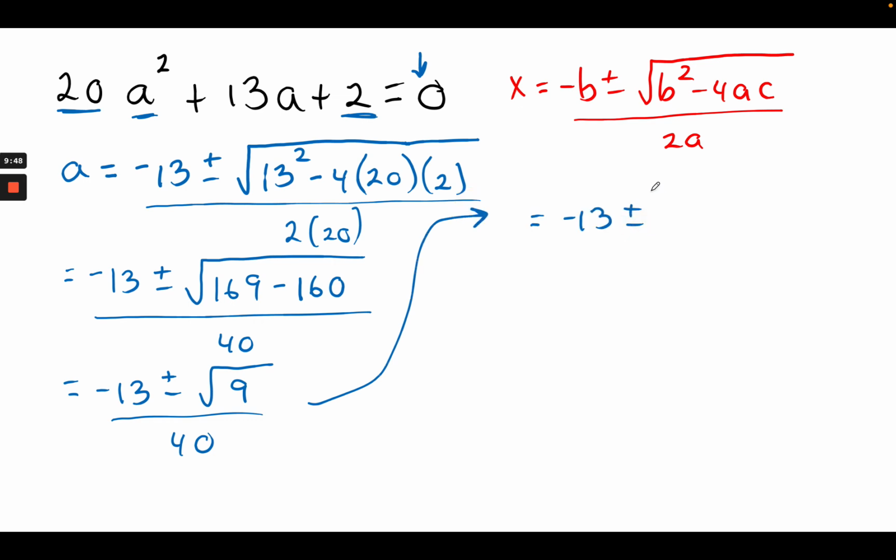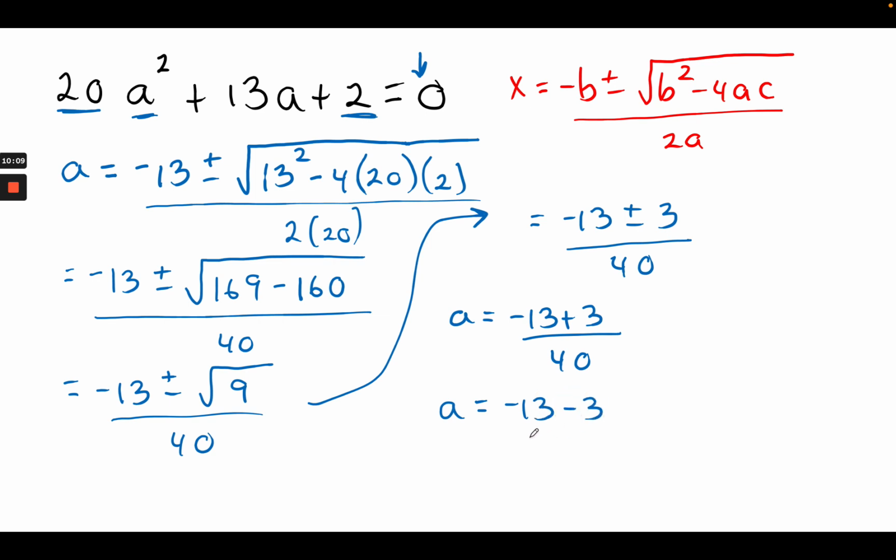Or minus, what's the square root of 9? 3 over 40. So we get two answers. We have a is equal to negative 13 plus 3 over 40, and a equals negative 13 minus 3 over 40.